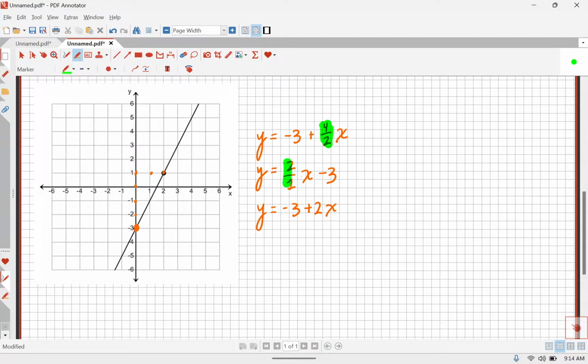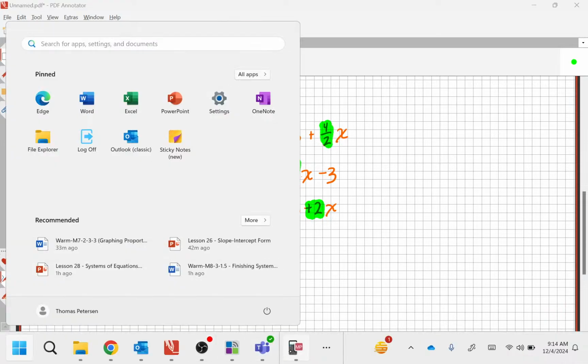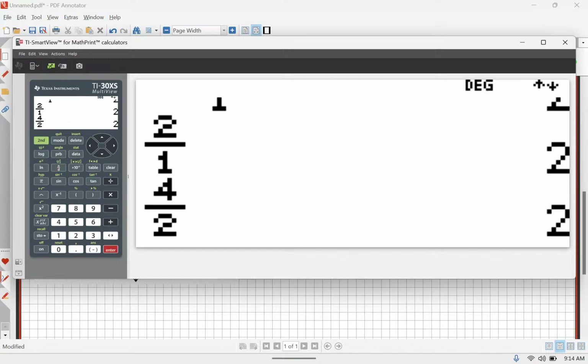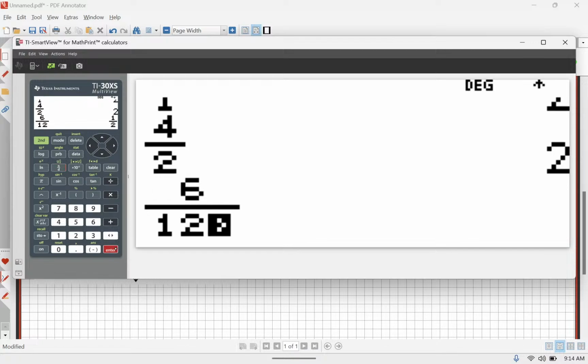Which of these slopes do you think is reduced? The first, the second, or the third? It is the third. And you can get that by dividing that in your calculator. When you do the 4 over 2, it'll reduce it for you to get that 2, okay? If you had something like 6 over 12, it would actually reduce it for you to make it a half.